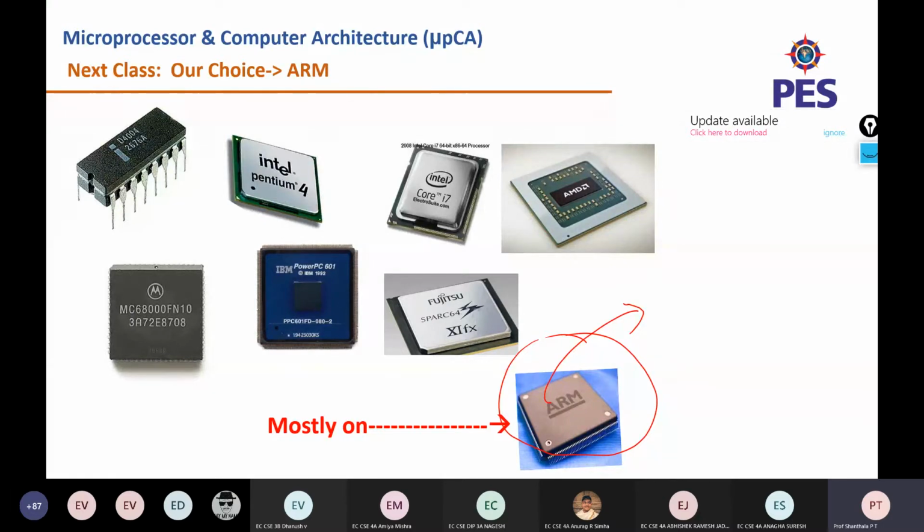The ARM core is not a pure RISC architecture; it is an advanced RISC architecture because of the constraints of its primary application. The primary application of the ARM processor is embedded systems.